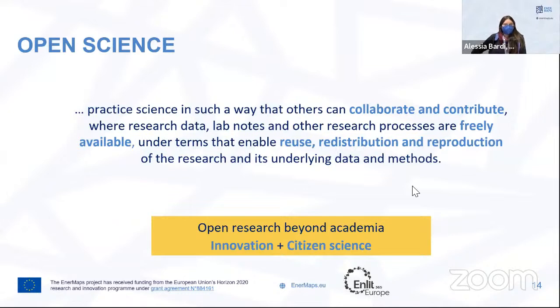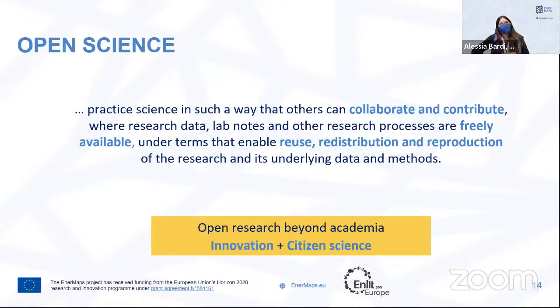So what is open science? It's the practice of science in such a way that others can collaborate and contribute, and where every single piece of the research process is available under terms that enable its reuse, redistribution, and reproduction.